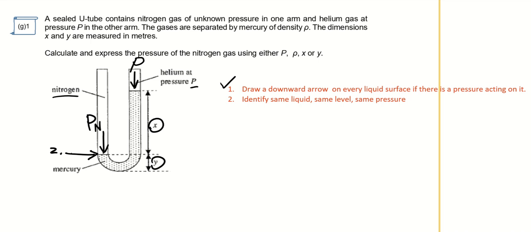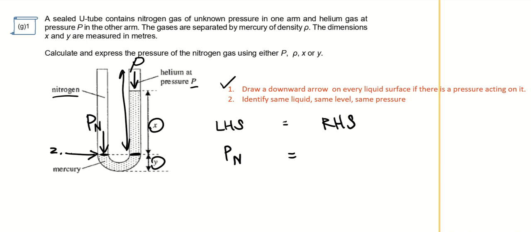Once you have this, you will know that the pressure on the left hand side is equal to the pressure on the right hand side. On the left hand side, I will put Pn, which is the pressure acting on the liquid surface by the nitrogen. It equals the right hand side's pressure.